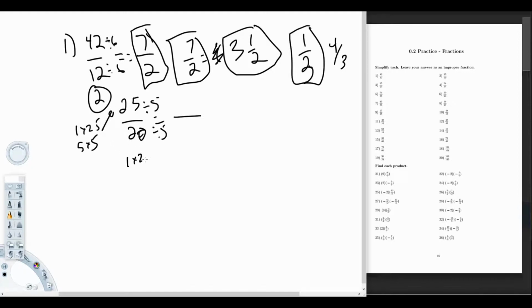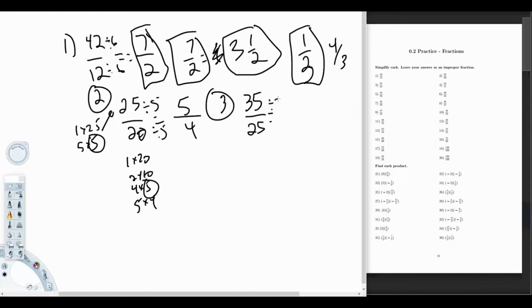And here it's 1 times 20, 2 times 10, 3 no, 4 times 5, 5 times 4. So there's a 5 here, there's a 5 here. That's why I'm dividing by 5. Boom. Remember, if I'm going too fast, you can watch it over and over again. In fact, that's the best way. Here again, once again, it's 5, so that's 7 over 5.